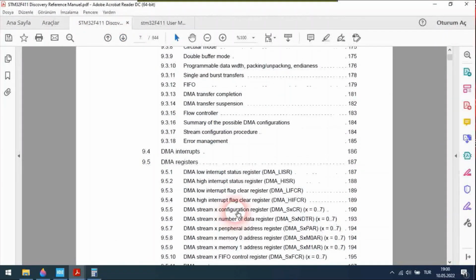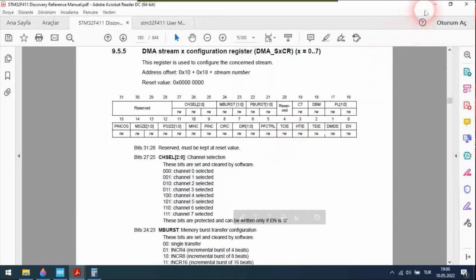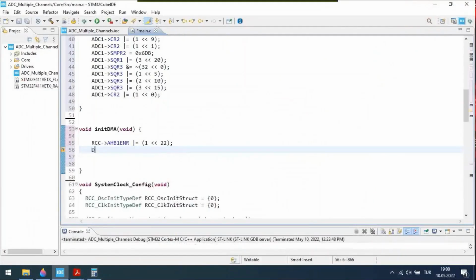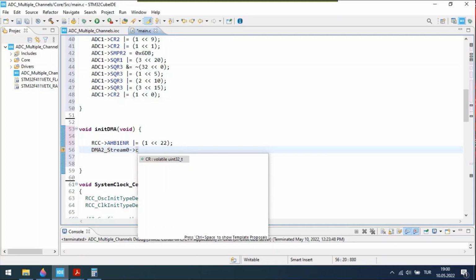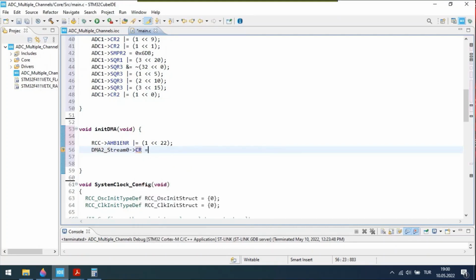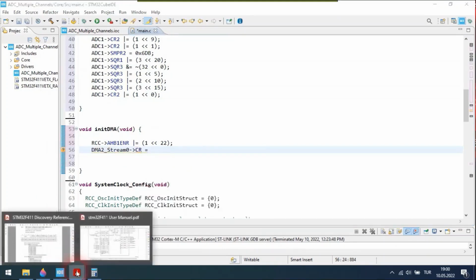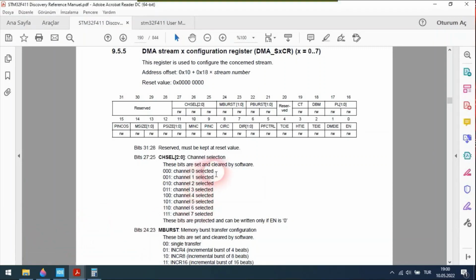Go to Stream Configuration Register. ADC channel code was 0.